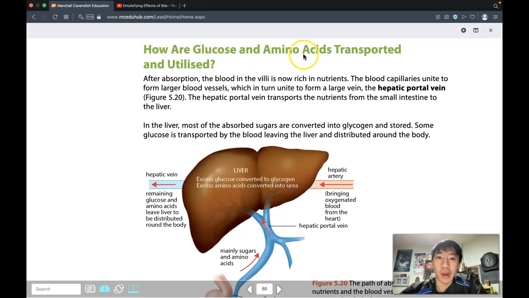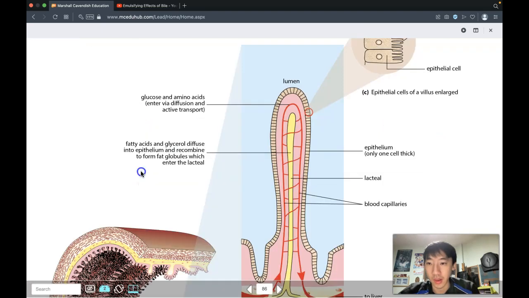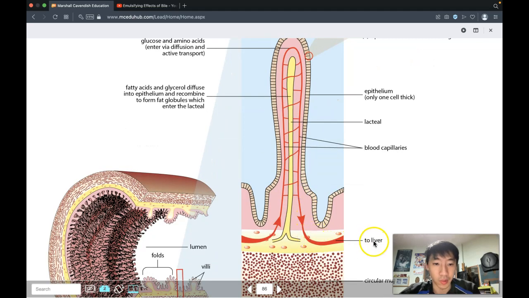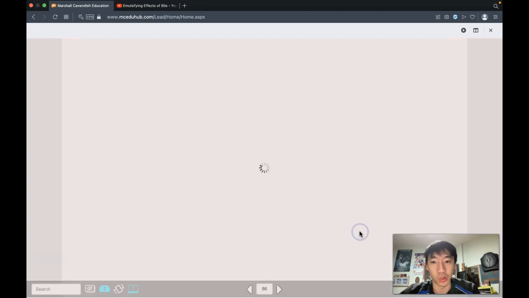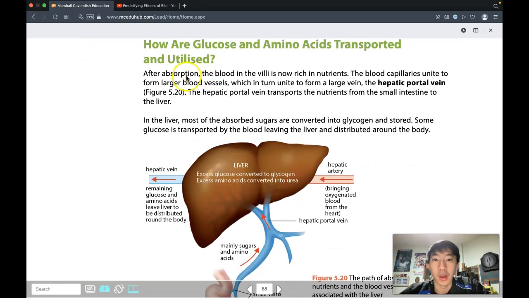How are glucose and amino acids transported and utilized? Okay, you may recall that we just talked about this part here, where the glucose and amino acids enter into the blood capillaries and then are carried off to the liver. How exactly does it go to the liver? There's this thing over here. After absorption, the blood in the villi is now rich in nutrients.